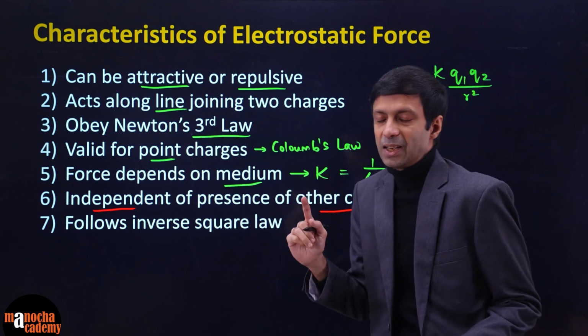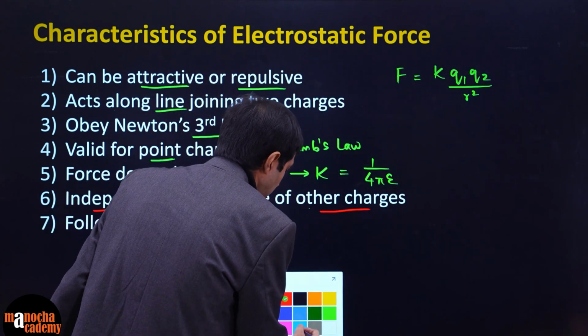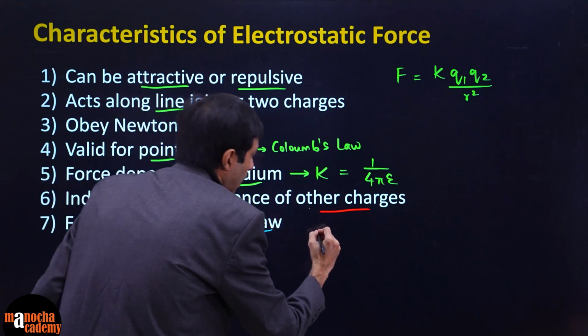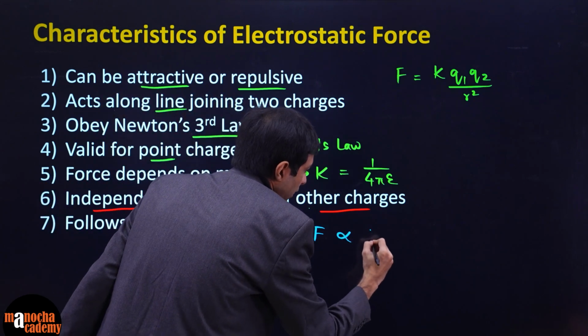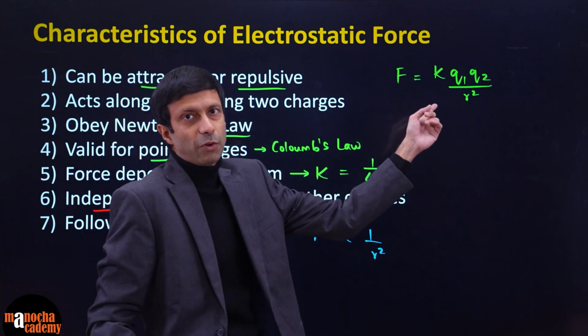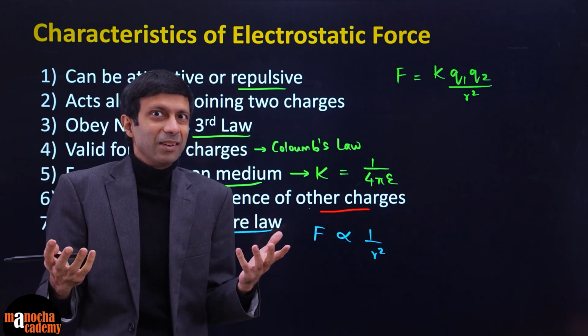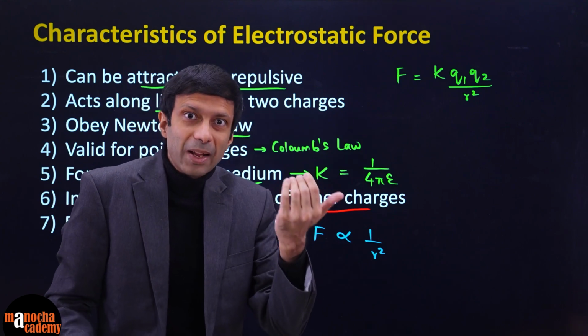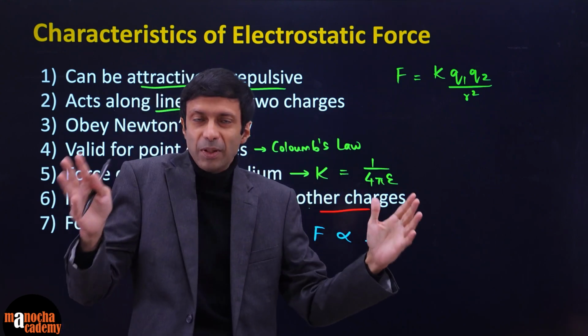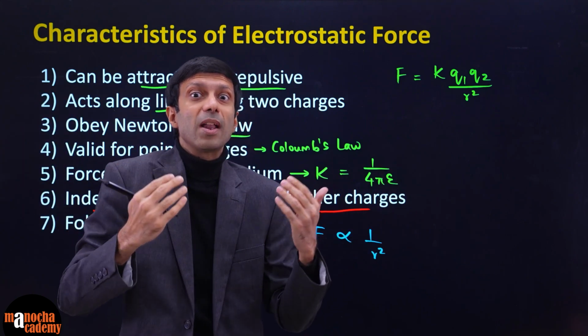And as we discussed, the force follows the inverse square law, just like gravitational force, where the force is inversely proportional to the square of the distance. If you double the distance, the force becomes 1/4. If you triple the distance, the force becomes 1/9.